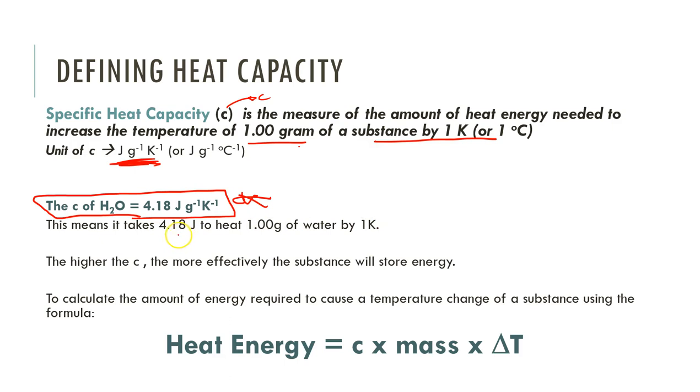So if you were heating a liter of water, it's going to take 1,000 times that, so 4,180 joules, to increase it by 1 degree. So if you're going to go from room temperature at about 20 degrees to boiling at approximately 100 degrees, that's going to be an awful lot of energy that needs to be placed into that system.